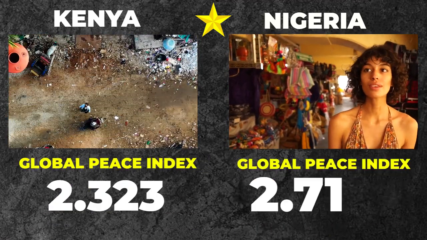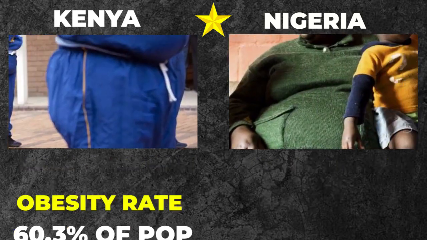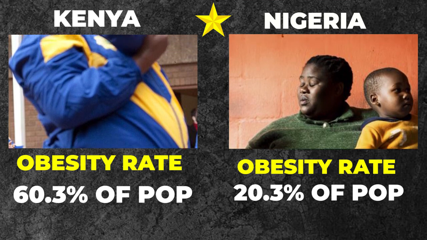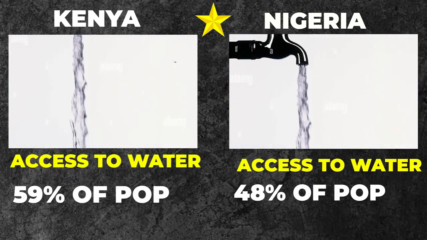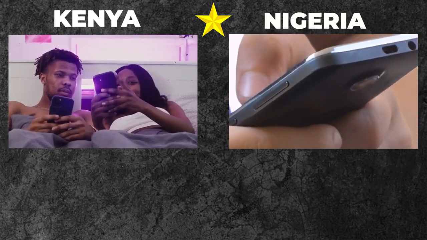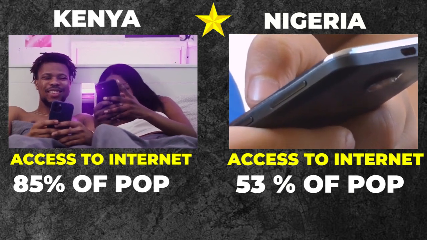What is the Global Peace Index of this country? A person who is obese has a body mass index of 30 or higher. Population with access to improved drinking water sources, such as piped water or protected wells. Percentage of internet users in both countries.